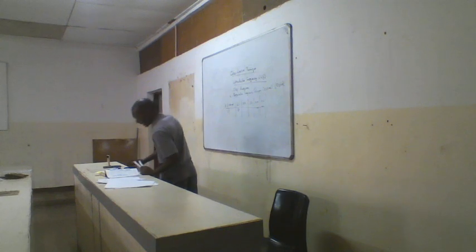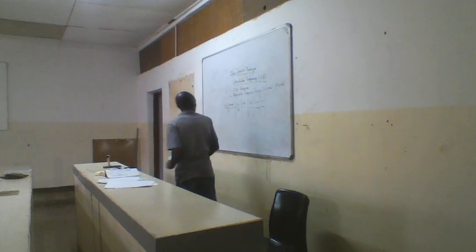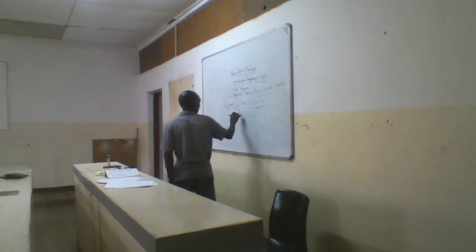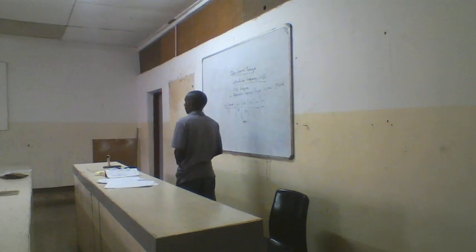If you go to the second attempt, it is 42. Now, for the second attempt, it is 33 plus 42, which gives you 75.